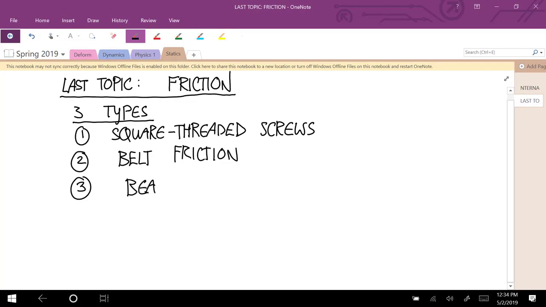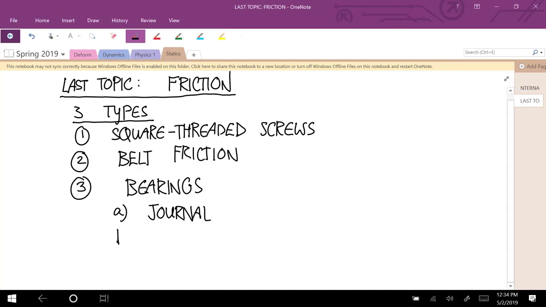So this third one is bearings, and we're going to do two types of bearings. Journal bearings, you can think of that as the kind of bearing that a spindle or an axle goes through.